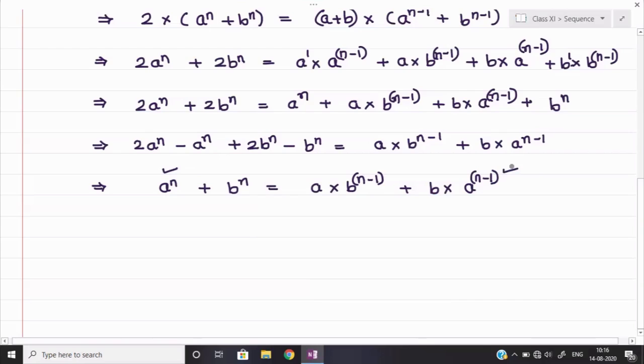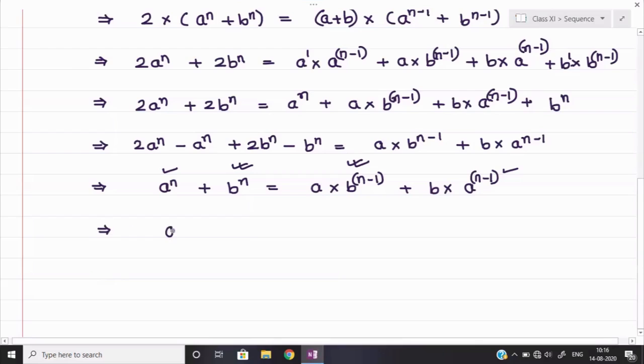However, in that power n I have a minus 1 also, but I can say these two terms, not exactly, but have some level of similarity. Similarly, b to the power n here and here also, at least to some extent, we can say they are similar. So we can do one thing. First of all, the last term of the right hand side I can bring on this side.